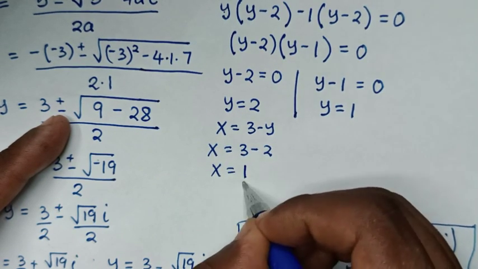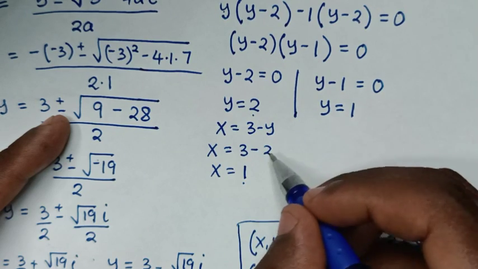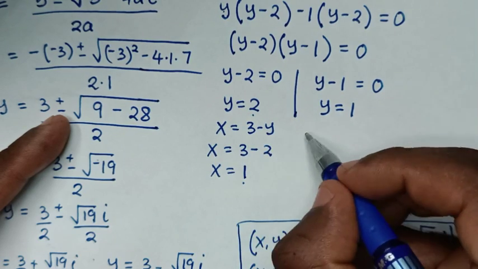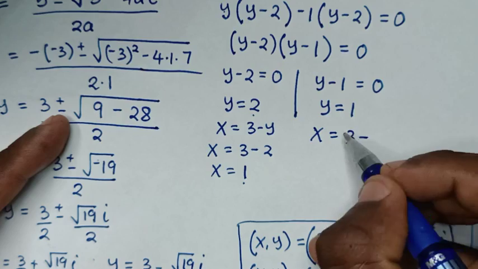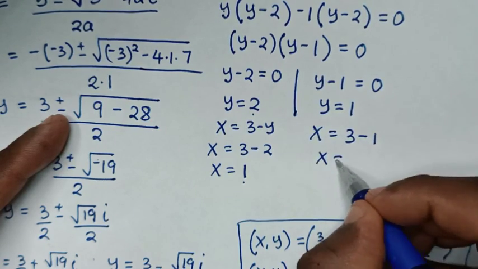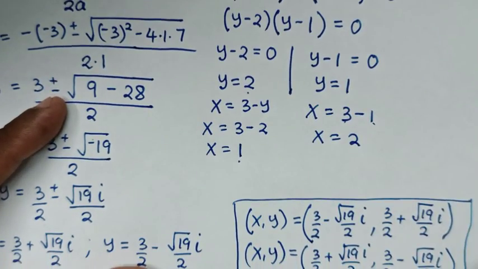So when x is 1, y is 2. And from here, x is equal to 3 minus y, where y is 1, so x is equal to 3 minus 1, which is 2.